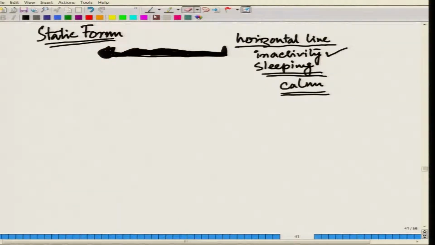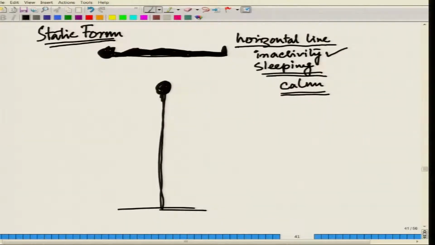So, if we want the horizontal formation to look more active, we may readily shift to a vertical formation. So, the vertical formation will be based on a vertical line. Let us draw a human figure in the vertical location.